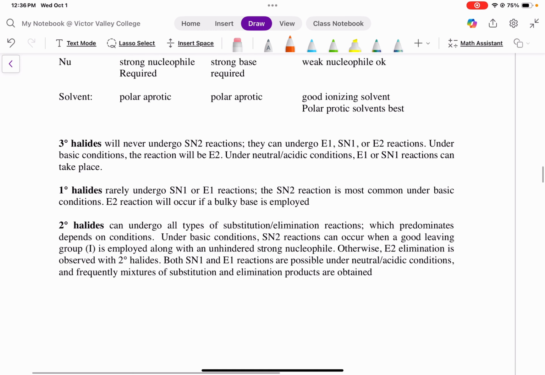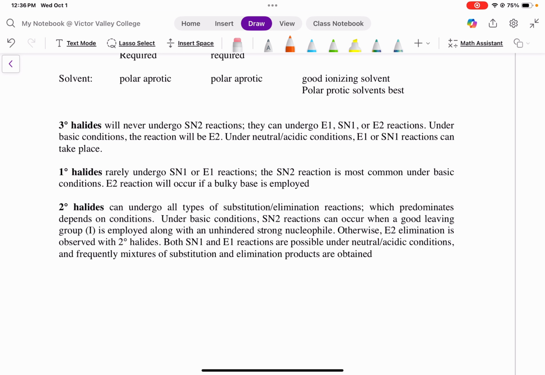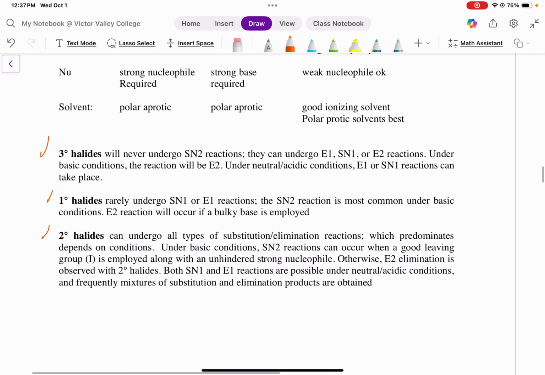It's a good summary for when you have a tertiary, a primary, and a secondary. What are the possibilities? That's very helpful to determine which mechanism. Sometimes it doesn't matter which mechanism, you end up with the same product anyway. But of course, it's good to know the steps and what happened.